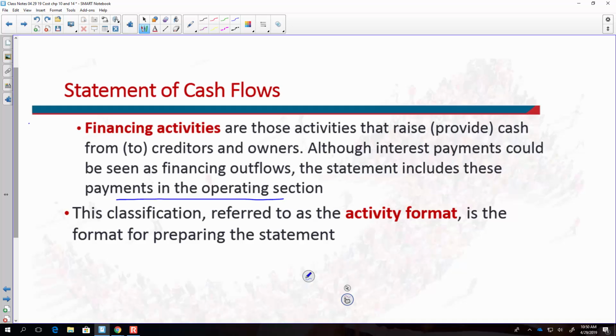Financing is either stock issue or long-term debt. Those are in the financing sections. Stock issuance and purchase, or long-term debt issuance or payoff, is basically in the financing section.